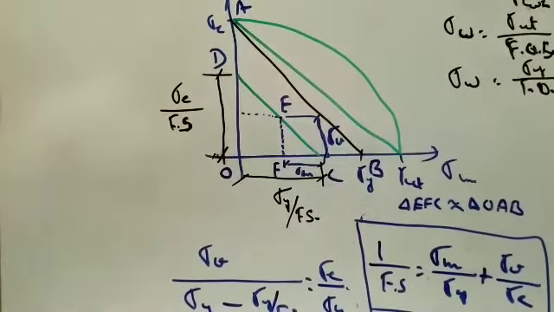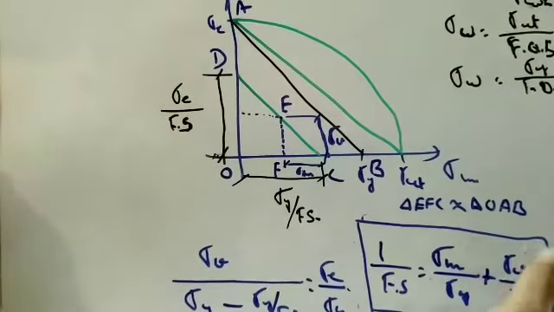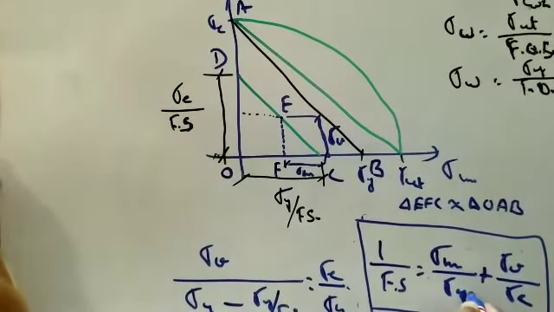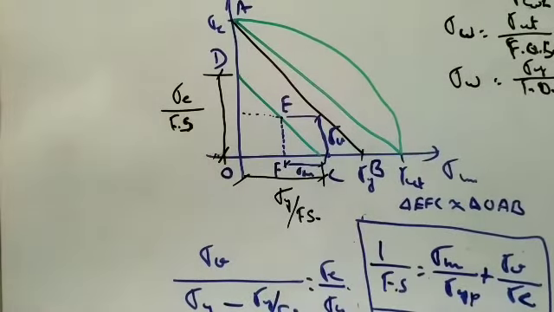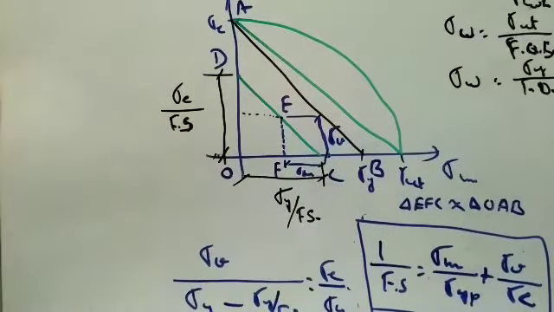Now this is the criteria for the Soderberg line, taking the safety factor. Because sigma yield point and sigma endurance are known for the material, you can take any value of sigma M and sigma V if you consider the Soderberg criteria as your safe design line.